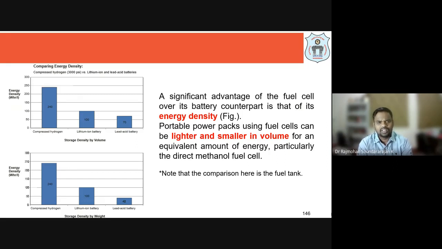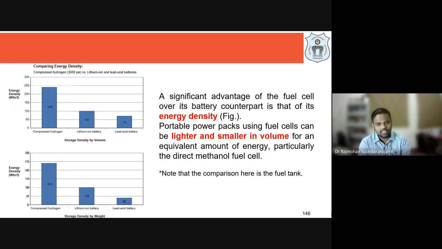And in comparison to batteries, in terms of energy density, the significant advantage of this fuel cell over the battery counterpart is its energy density. Just compare the lithium ion battery or lead acid battery, because these two batteries are widely used in the industry, right?